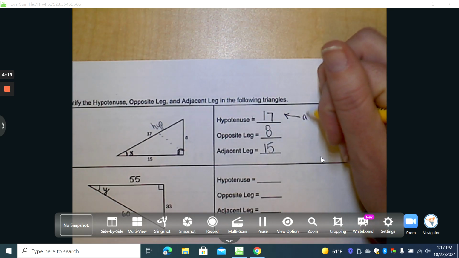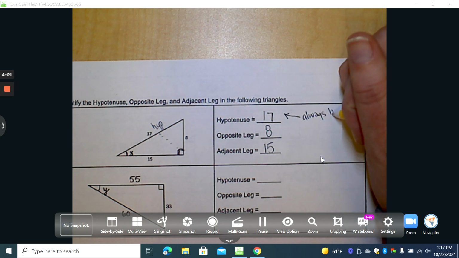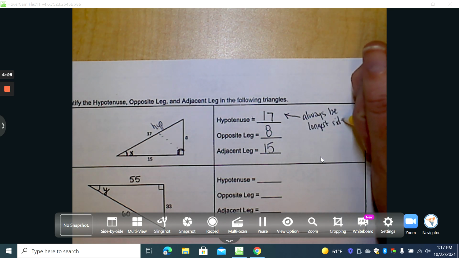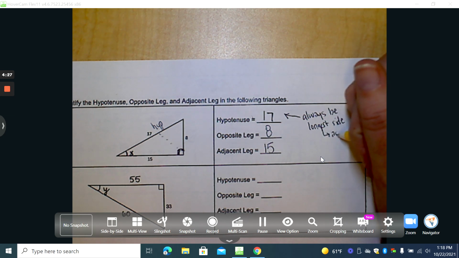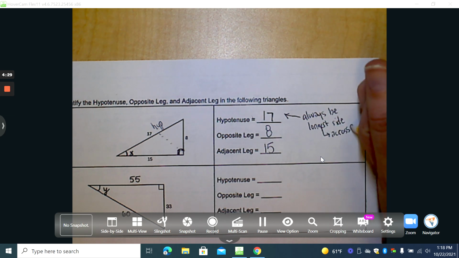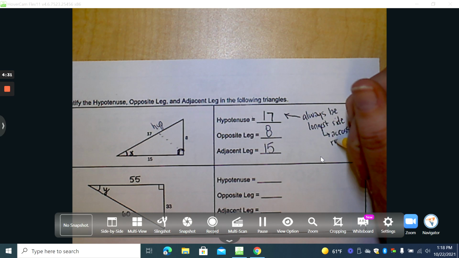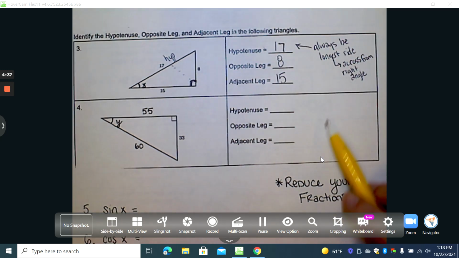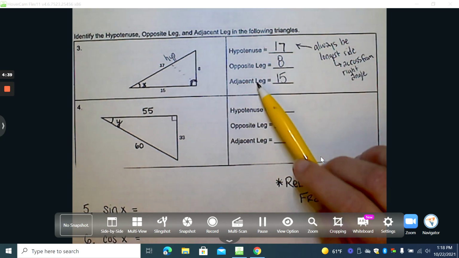Hypotenuse will always be my longest side across from the right angle. That is just to help you remember it's the longest side across from my right angle.